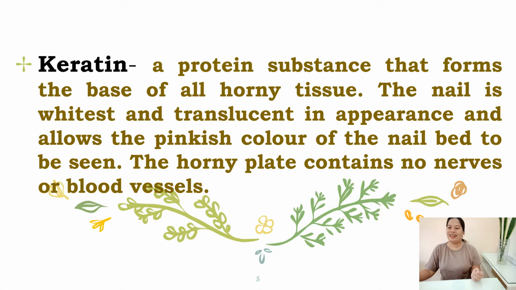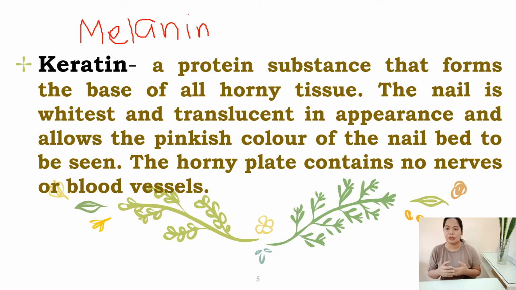And then, we all know that there are a lot of kinds of protein. The most common protein that we know is, pinaka-common, ano? Yes, tama. Pinaka-common talaga na alam natin na protein ay melanin. So melanin is a protein substance that gives coloration to the skin or to the hair.